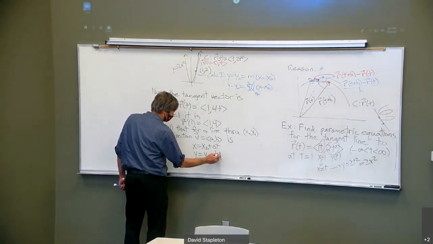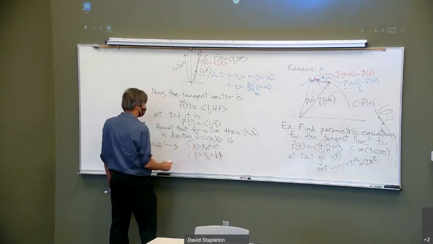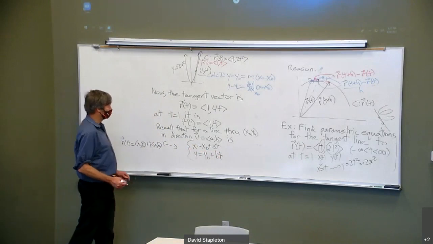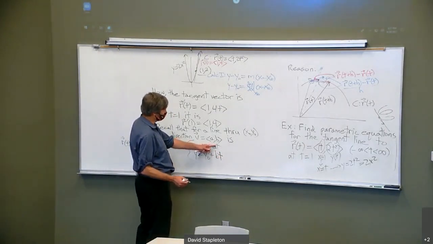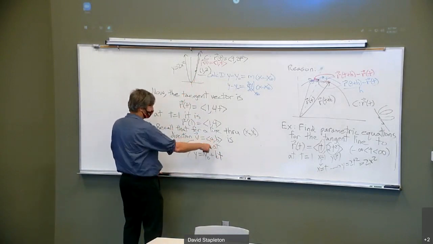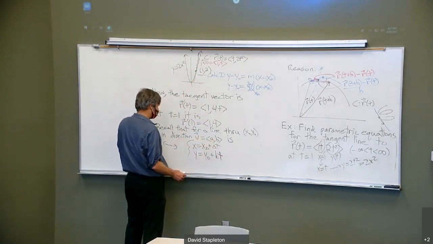Suppose I want to write parametric equations, so I use this form. And so now t is the parameter for the line instead of the parameter for the parabola. T hat, if you want just to make a distinction. What do we have?